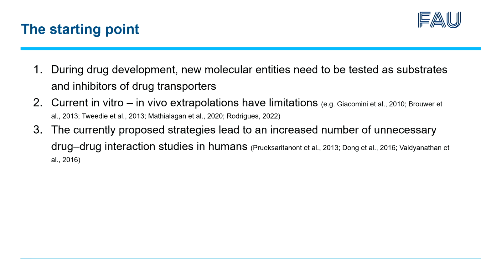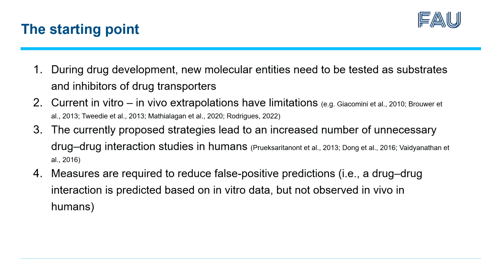And this is, of course, not quite ethical, because you expose healthy volunteers to compounds they wouldn't have to need if we would have better prediction models. And one approach is to use biomarkers, to use endogenous compounds for the prediction of transporter-mediated drug-drug interactions.